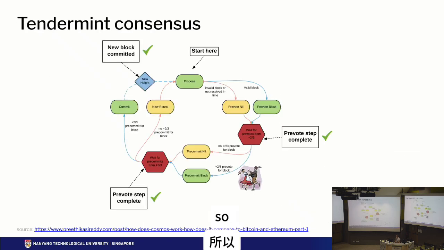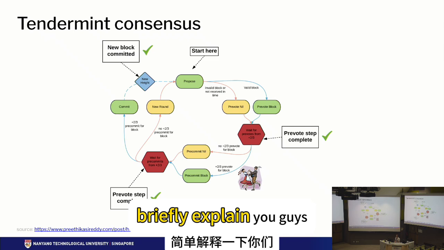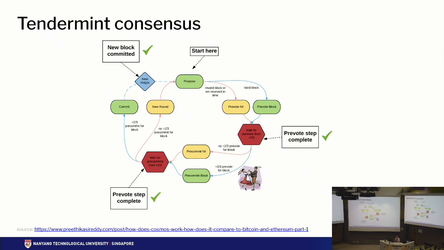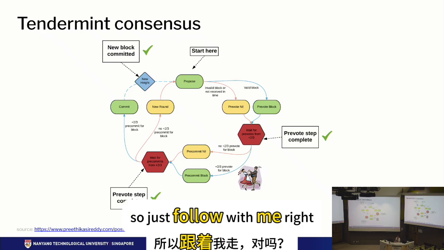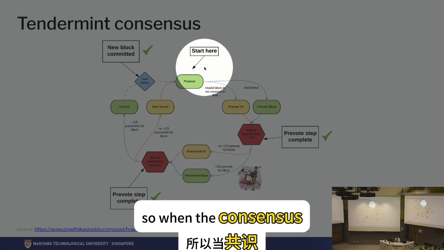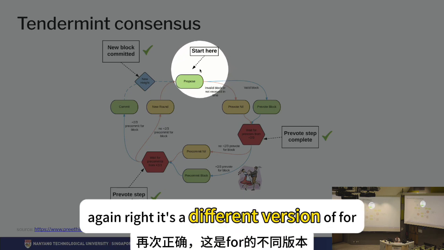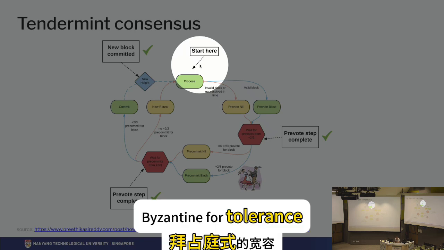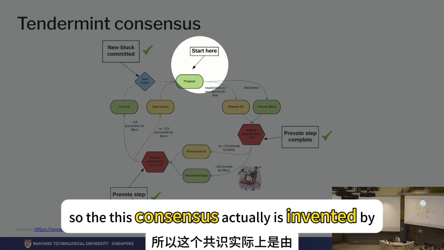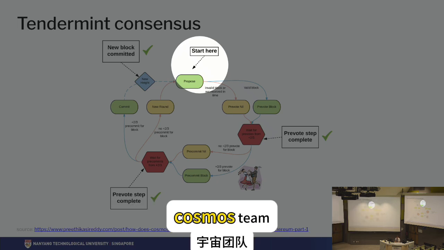Let me briefly explain the Tendermint consensus, so just follow along with me. It's a different version of a Byzantine fault tolerance consensus algorithm, but they tweaked a lot, and this consensus was invented by the Cosmos team.